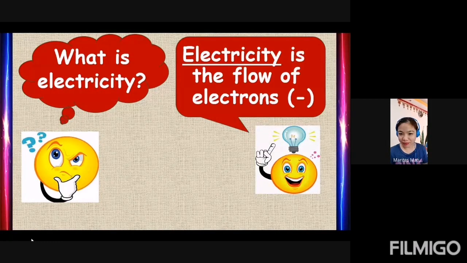In addition, scientifically, when we say electricity, that's the flow of electrons in a circuit. With this, we can use our refrigerator, our lights, and charge our cellphones, and other things. So that is electricity.